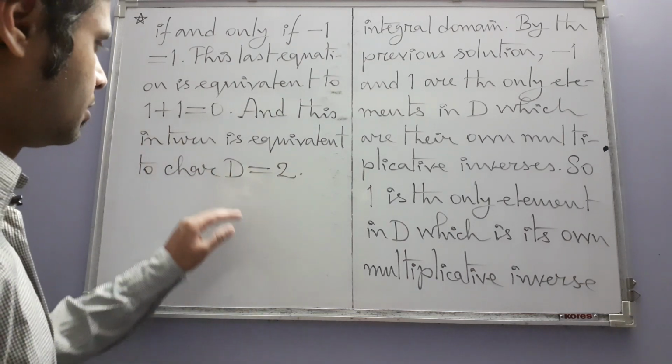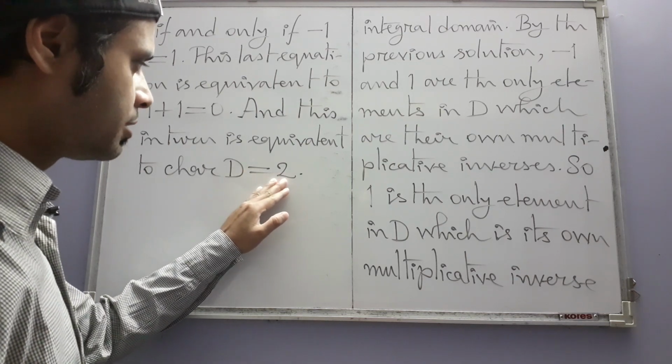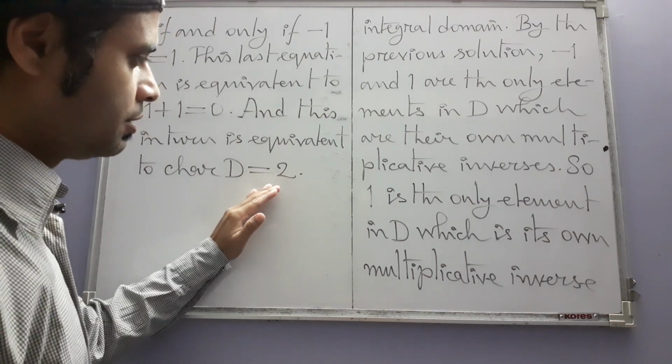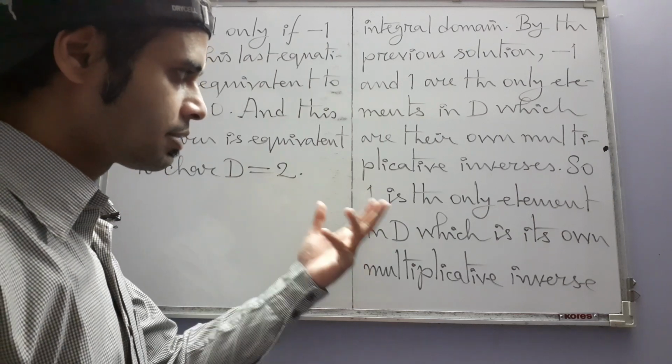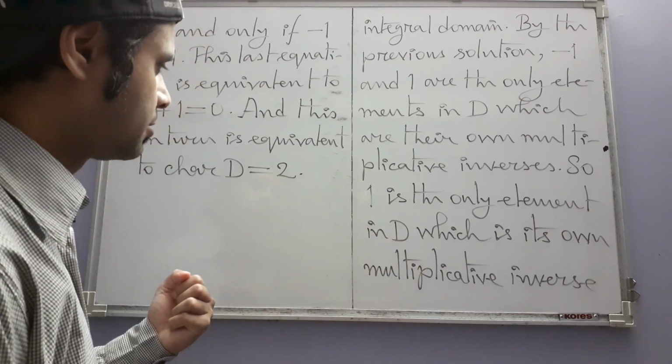Hence, precisely those integral domains whose characteristic is equal to 2 are the ones where we will have only the unity as the sole element which is its own multiplicative inverse.